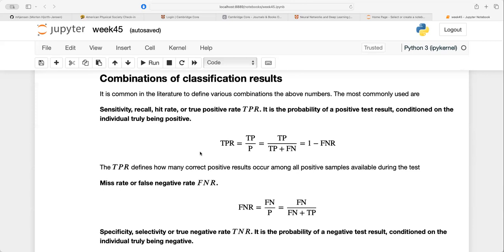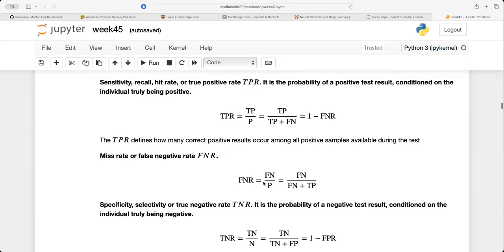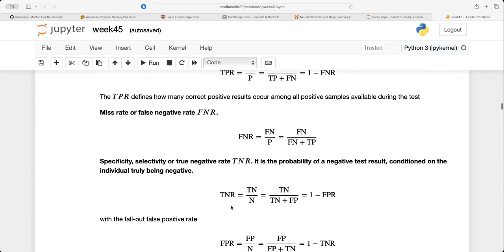And then there are other quantities like the miss rate or false negative rate. There is a quantity which is called the selectivity. And the selectivity is then the probability of a negative test result, which is conditioned on the individual truly being negative. And this is normally defined in terms of TN plus FP.